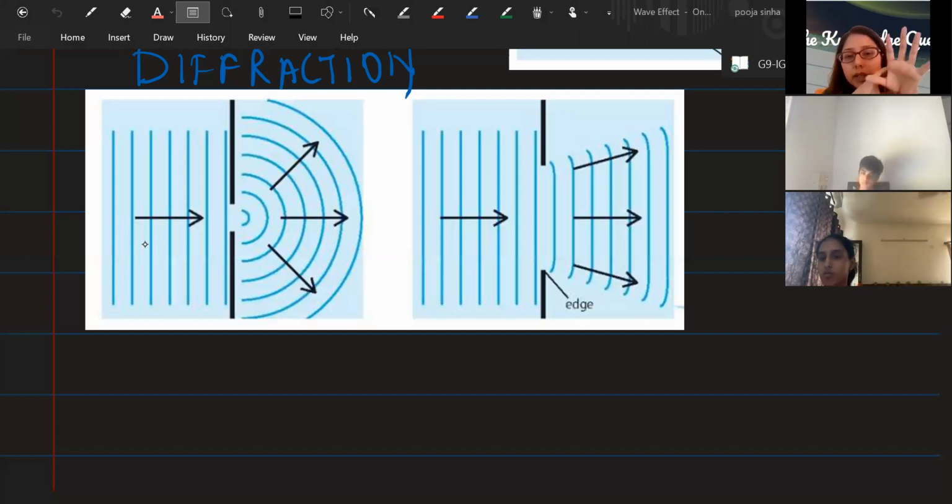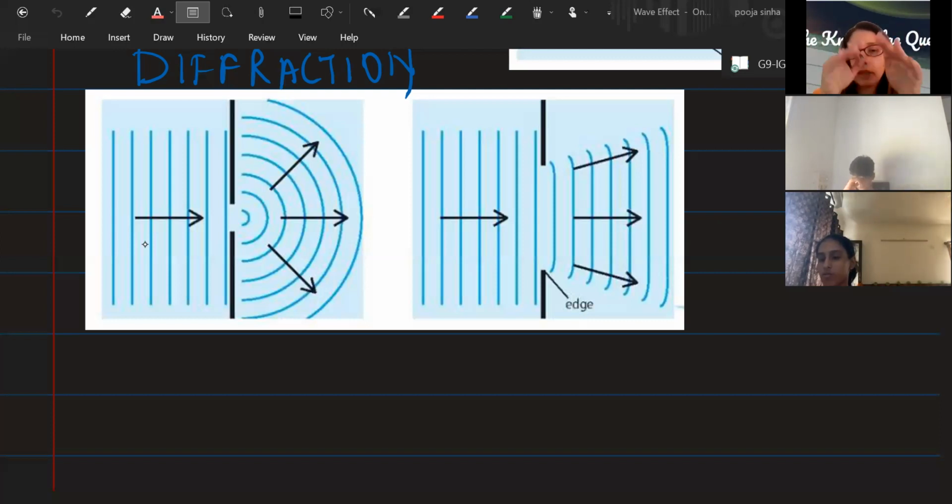So these waves spread out as they're passing through the gap. This is what has been observed: when there is a wave ripple and you put an obstacle with a gap, the waves from that gap are bending.